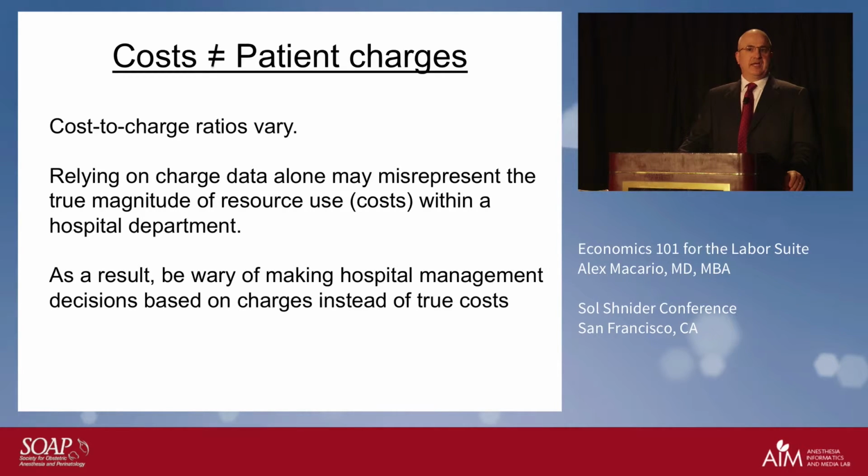If you look at the cost of the labor room and you compare that to the charge, that ratio will be different. So it's very difficult to tell at first glance what the relationship is. And so if a hospital makes decisions about allocating resources based upon charges, it's going to make bad decisions because the charges are not going to reflect the true cost of care.